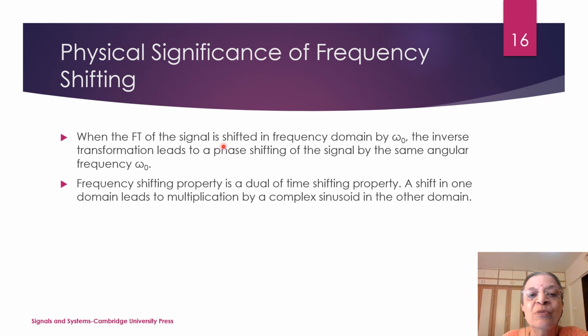So when the Fourier transform of the signal is shifted in the frequency domain by omega 0, the inverse transformation leads to a phase shifting of the signal by the same angular frequency omega 0. So there is a phase shift only that is taking place. The frequency shifting property is a dual of the time shifting property. The shift in one domain leads to multiplication by a complex exponential in the other domain. This we can confirm.